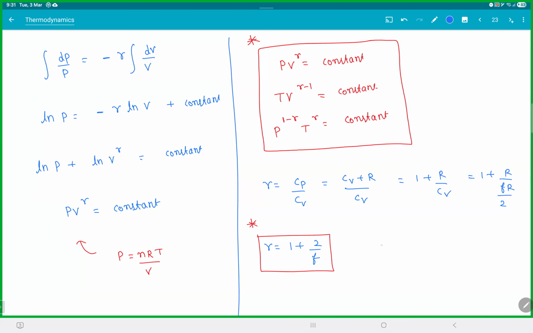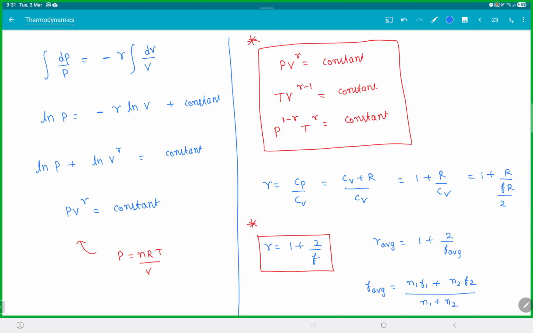Sometimes they'll give you a mixture of gases. So then gamma average will be 1 plus 2 by f average. And if you see the kinetic energy, f by 2 nRT, it's a linear function. So f average will be directly n1 f1 plus n2 f2 over n1 plus n2. So someone tells you 3 moles of helium and 2 moles of oxygen is mixed, you can just use this. You can find f average and then put it in terms of gamma.